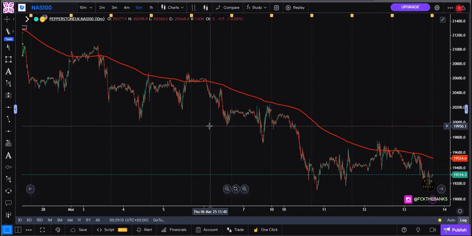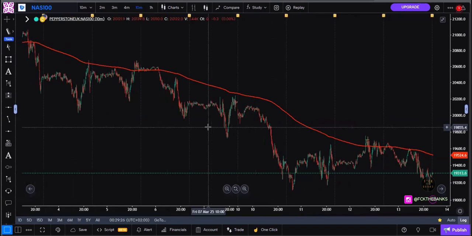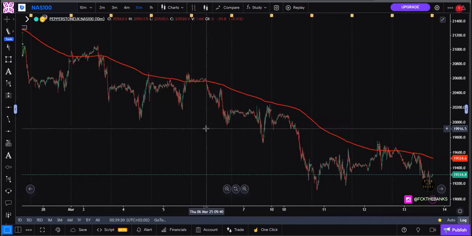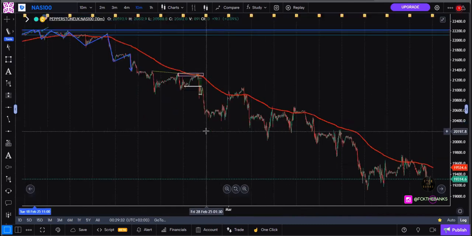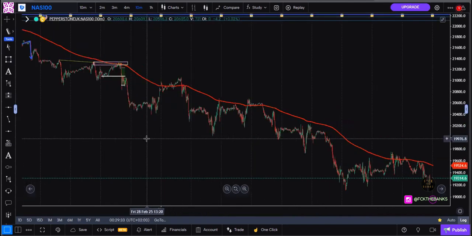Now if you're a scalper, you don't necessarily need to see the higher time frame trend, but it will definitely help you understand the bias of the session. So in this case, as you can see, since February, Nasdaq has been just dropping.